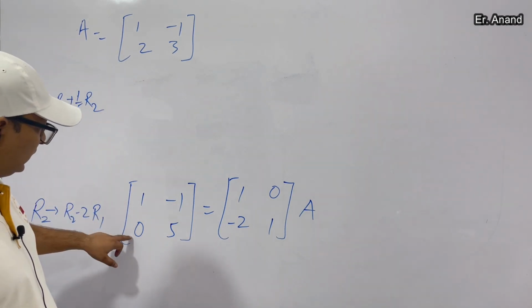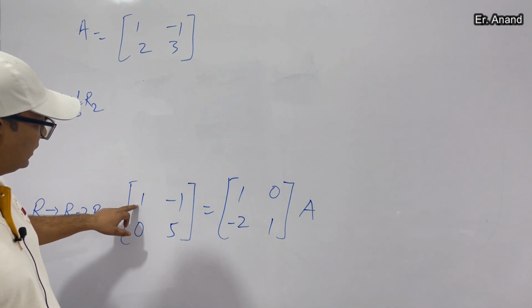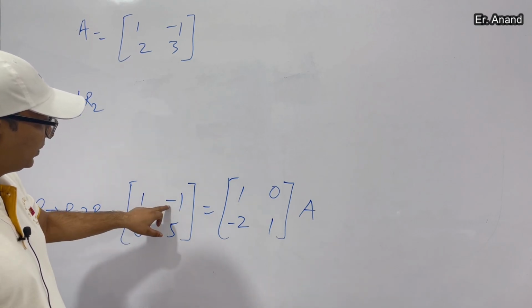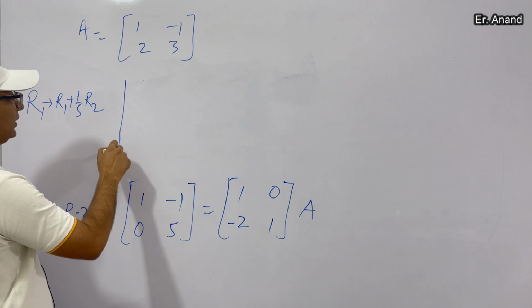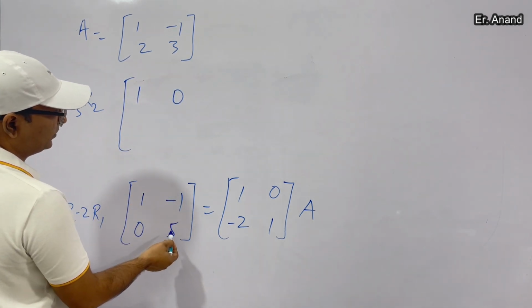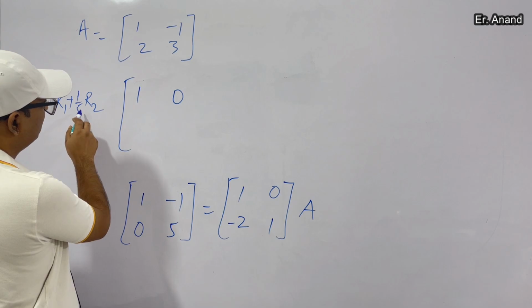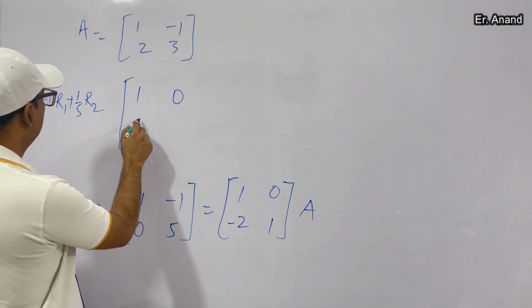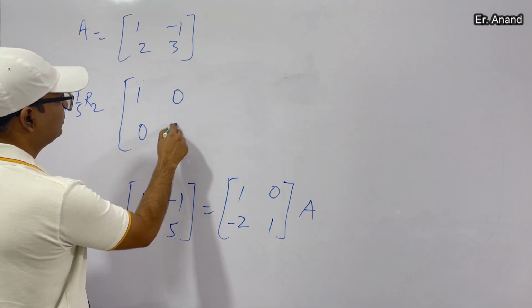So 1 by 5 of this, this remains same. 1 by 5 of this, that is plus 1. So plus 1 minus 1, 0. So what we get? This becomes 1 and this becomes 0. Clear? Multiplying R2 by 1 by 5 and adding it to row 1. And our row 2 is same.